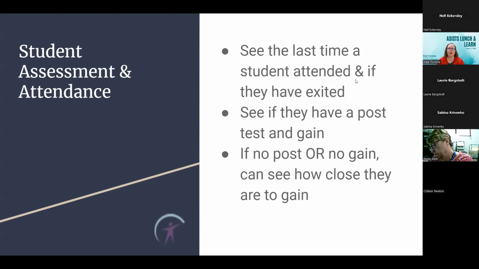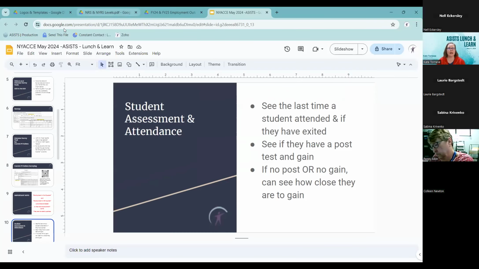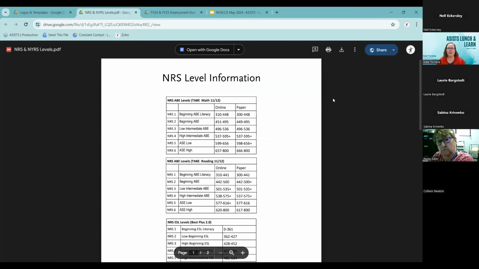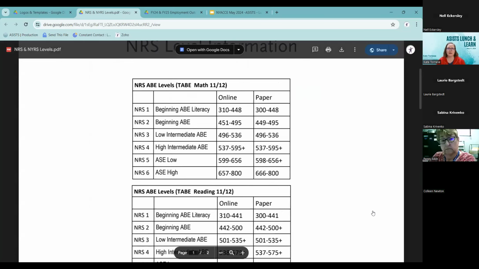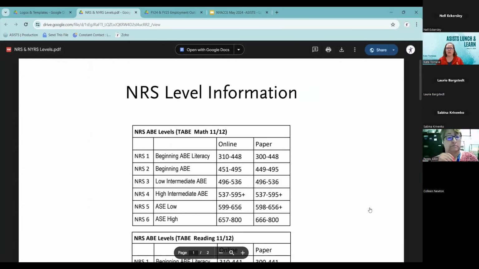So even before we take a look at that report, I want to point out that in the ASISTS resource bank, in the assessments resources, there is a document that is simply NRS and NYRS level information.